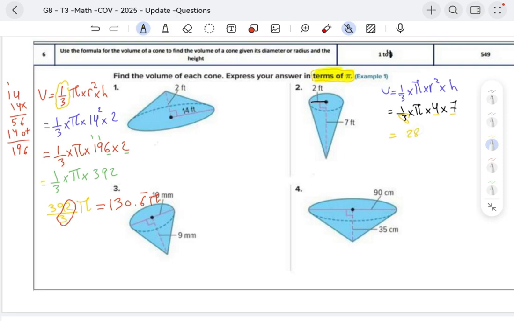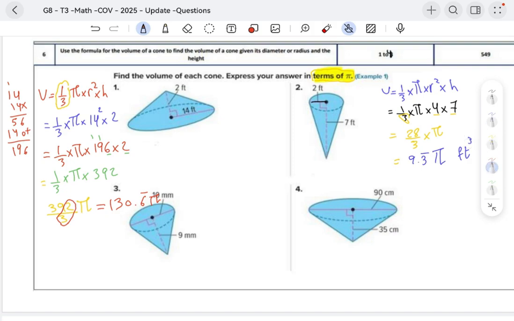So we're going to have 28 divided by 3 pi. Okay, 28 divided by 3 is 9 because 9 times 3 is 27. And the remainder is 1. 1/3, 1 out of 3. So it's 0.3 repeating. The answer will be 9.3 repeating pi. And the unit is feet cubed.